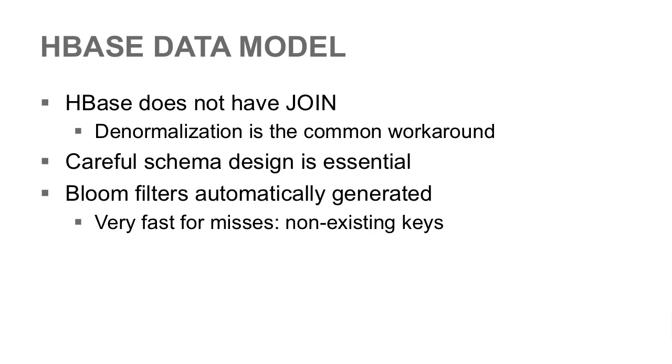You try to avoid doing any additional work at runtime. Anything besides read is not considered to improve your performance. And we have mentioned this data structure called Bloom filters that provides us with very quick responses for misses. So if the key is not in the system, we hear about that very, very quickly.